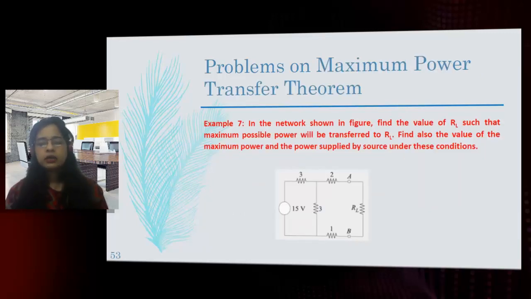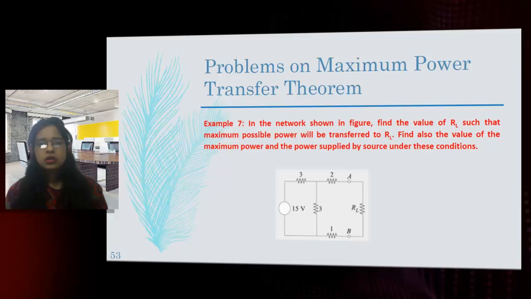Now I move to the next theorem, that is the maximum power transfer theorem. Again I will brief about it. The maximum power transfer theorem says that the load resistance will abstract maximum power from the circuit when the load resistance becomes equal to the equivalent resistance of the network.